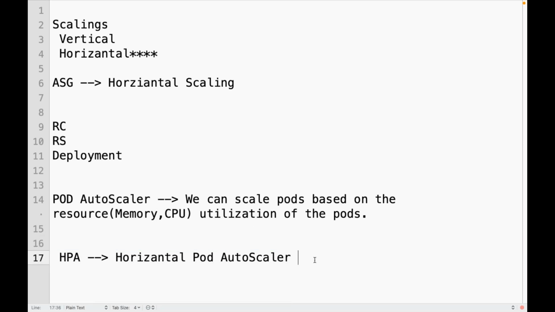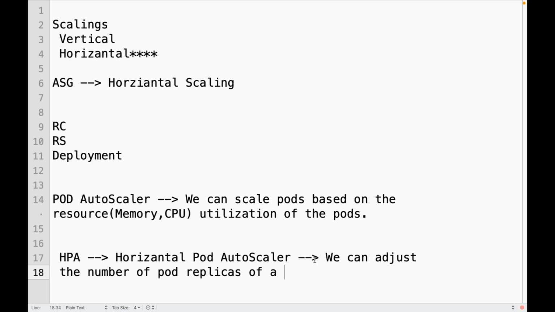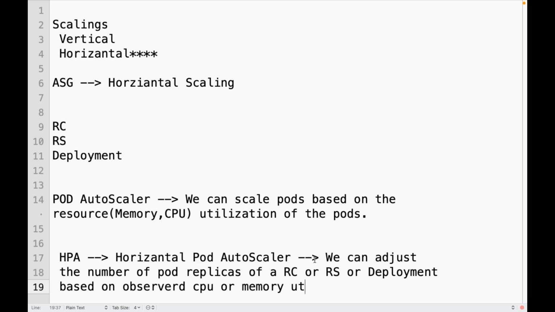So using the horizontal pod autoscaler, what can we do? We can adjust the number of pod replicas of an RC, RS or deployment based on observed CPU or memory utilization.